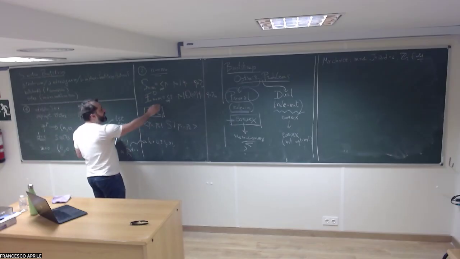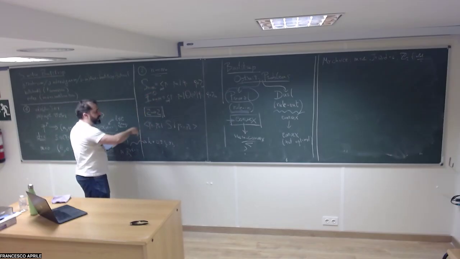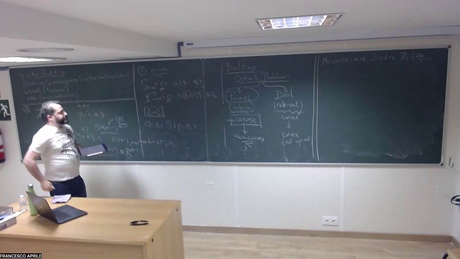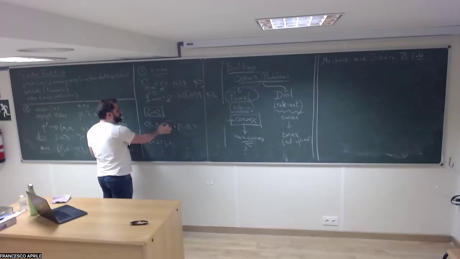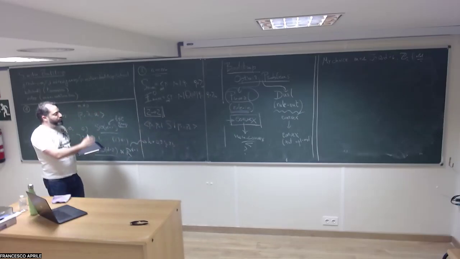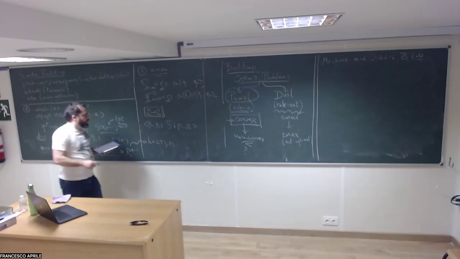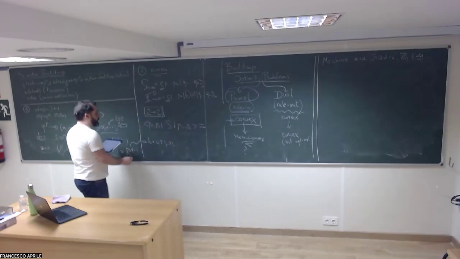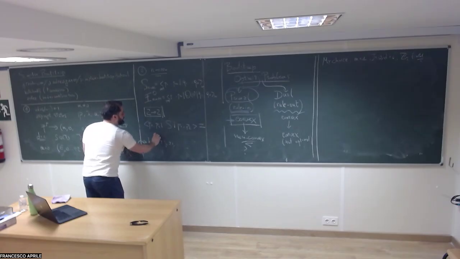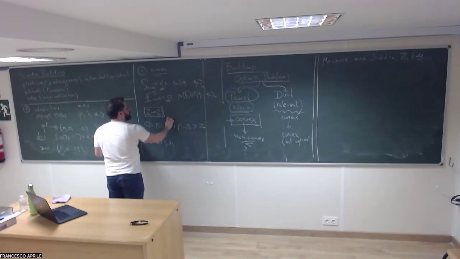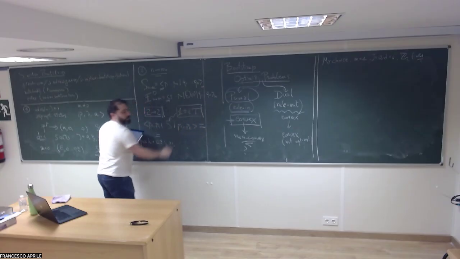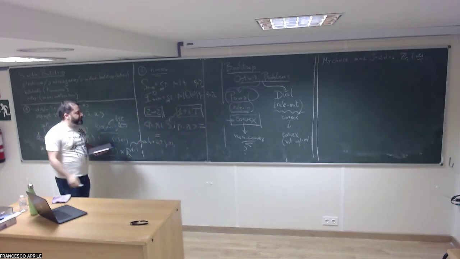From in and out states, you want to go to the interaction picture, then you define this matrix as the operators that make this overlap in the interaction picture make sense, and so on. But what I want to say is that this S, we usually like to split it into an identity plus an interacting part, IT. So we usually make this splitting.